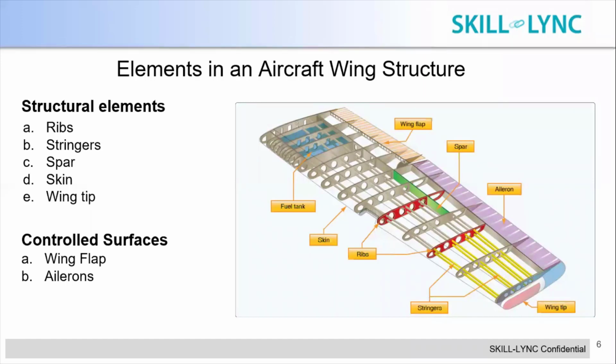And the position of each of these ribs is so important that a very tight tolerance is maintained when they are positioned and assembled, right? There are spars, which are plate-like structures used at the places required. Spars are not used everywhere, but they are used at the later portion of the wing, whereas stringers are usually everywhere on the wing.